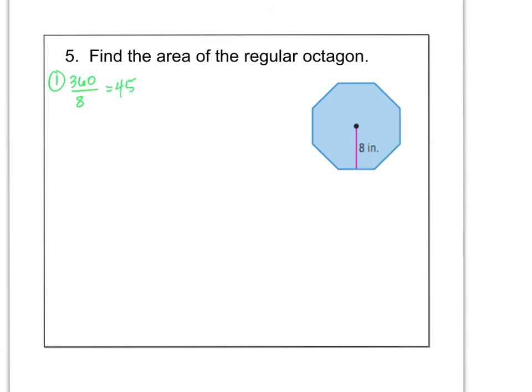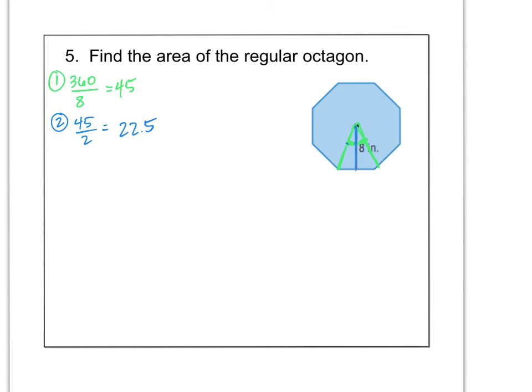Now what you just figured out is this angle right here is 45 degrees. But our second step is to take that 45 degrees and cut it in half. Why do we do that? I'll show you. So we cut it in half, we get 22.5. Cut it in half right here.